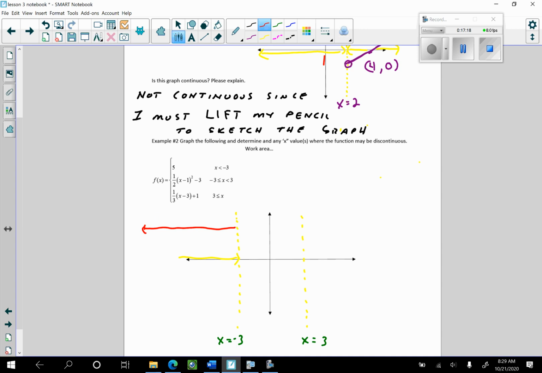It's kind of freaky, but it is y equals 5. And I ask myself, is that an open or a closed circle? Open because it's less than 3. And now if I am between -3 and 3, what kind of graph do I have? What is the middle piece? The middle piece is what?